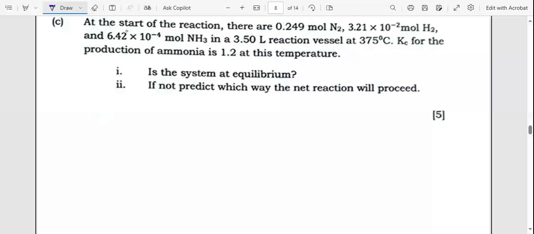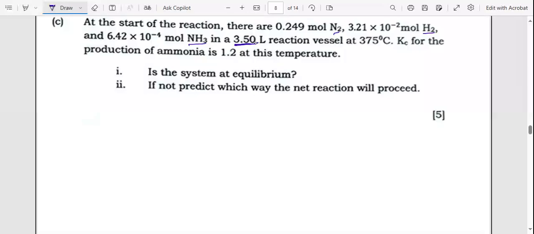Okay. At the start of the reaction, there are 0.249 moles of nitrogen, 3.21 times 10 to the power negative 2 moles of hydrogen, and 6.42 moles of ammonia.